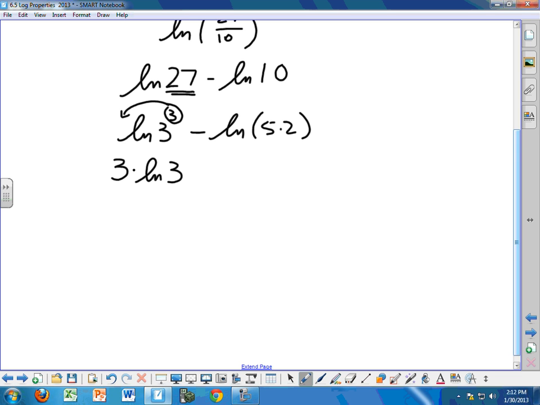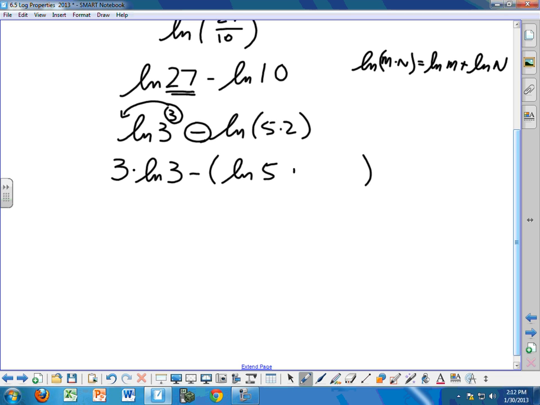Second part then is going to be written this way. The natural log of m times n is equal to the natural log of m plus the natural log of n. But keep in mind that this negative is in front of the quantity, so I'm going to put it inside of a quantity here. Natural log of 5 plus the natural log of 2.